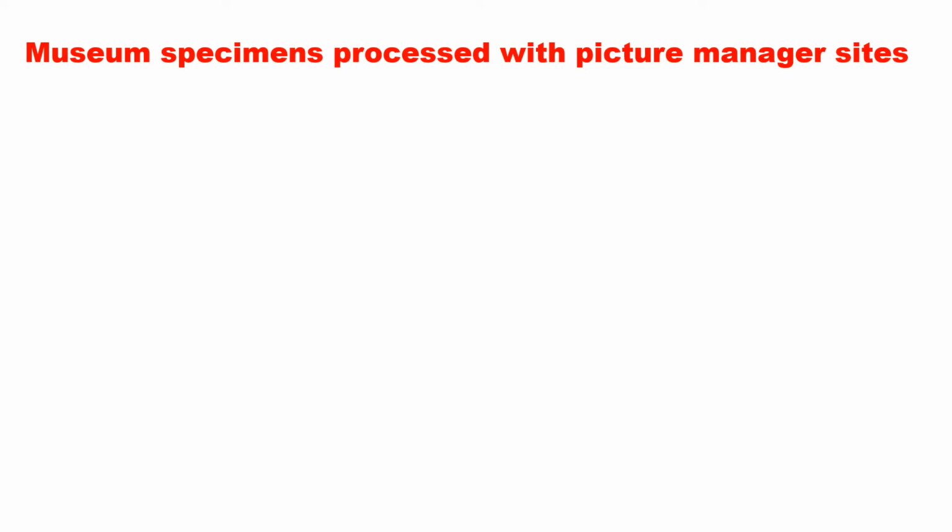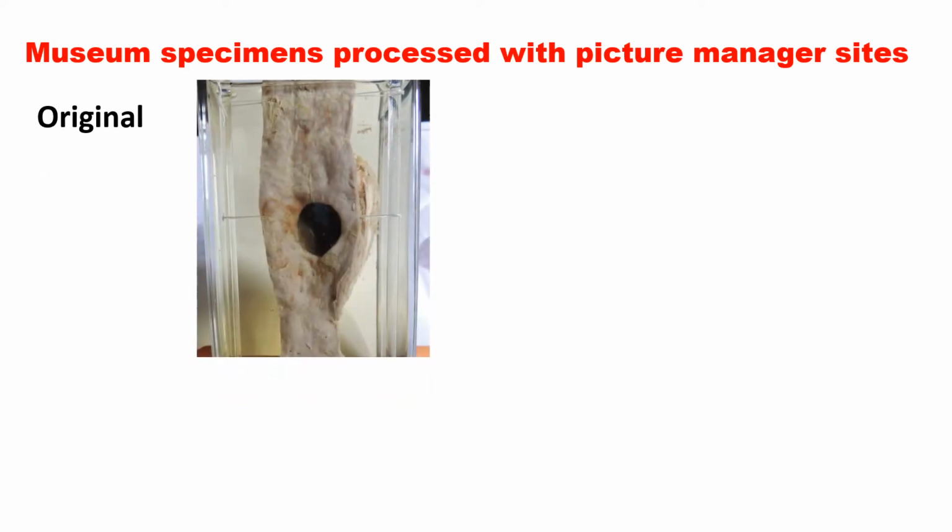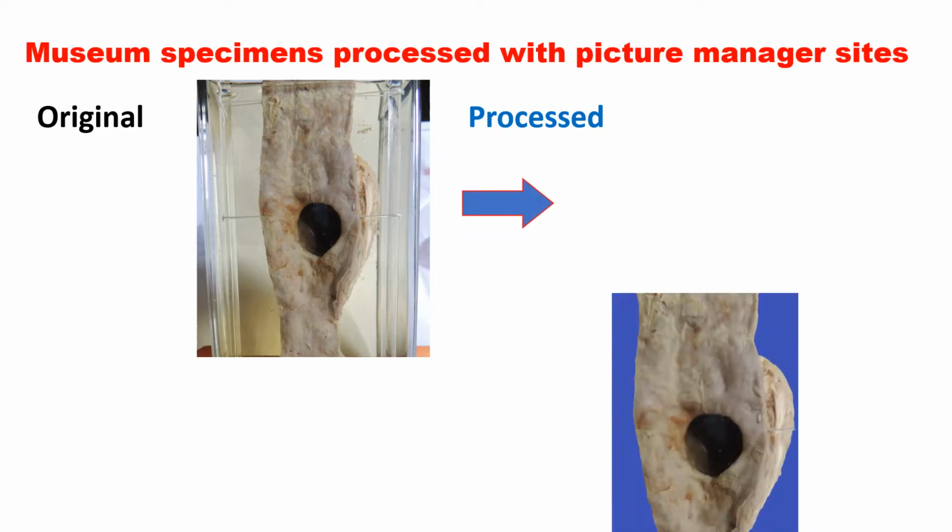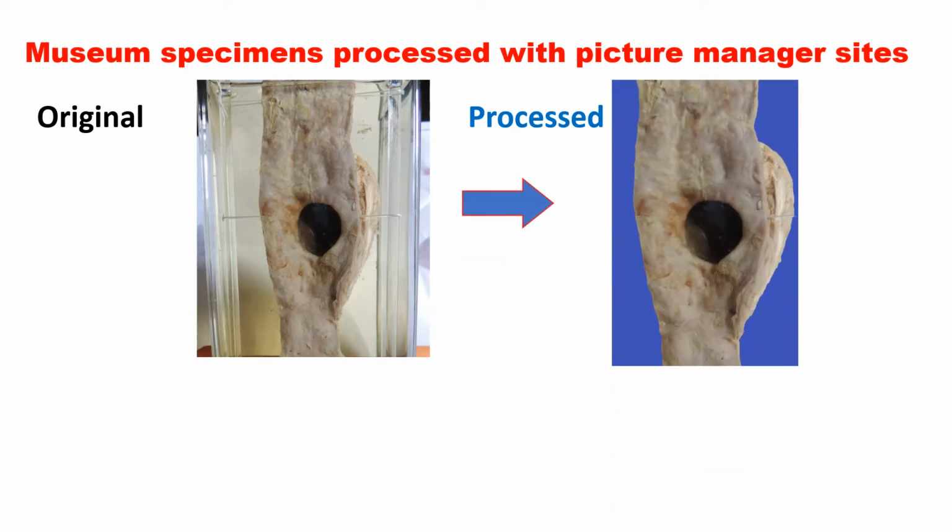Now these museum specimens have been processed after taking the image from the various institutes where I have worked as professor and head of the Department of Pathology, and the original picture may be like this in the museum jar, acrylic or glass jar, and then it is processed to make the image like this.